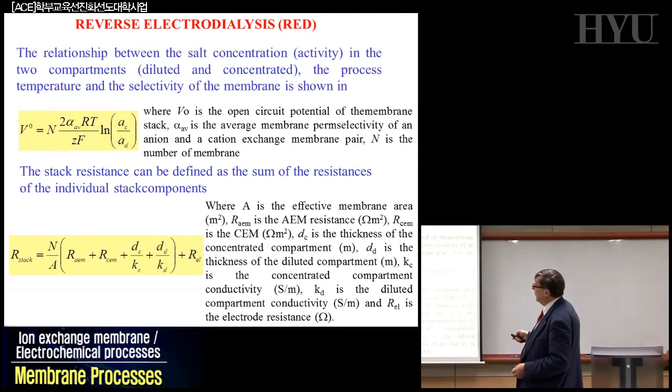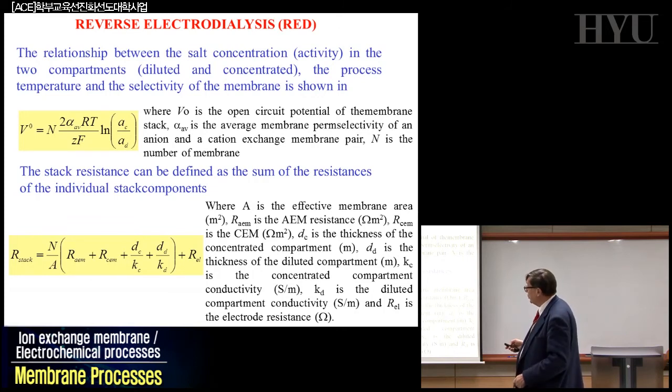That is the relation between the salt concentration in the two compartments, and depending on the temperature, selectivity is given by this relationship, where this term here is the average. We don't have all the membranes with selectivity equal to 1.